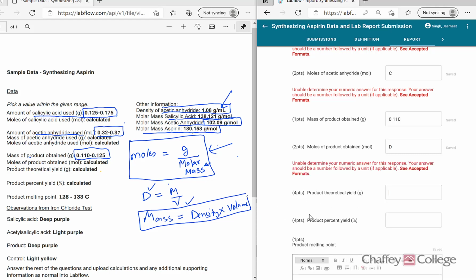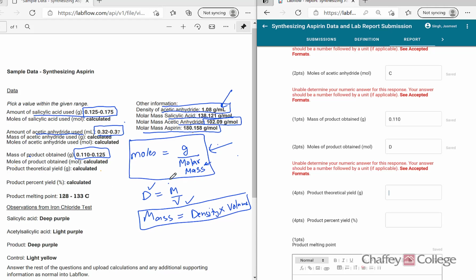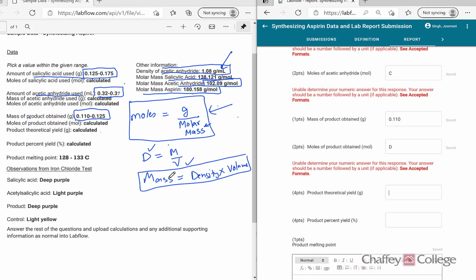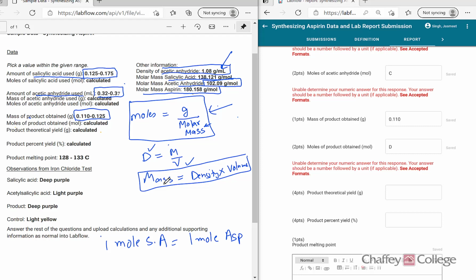So next is product theoretical yield. Now theoretical yield is calculated by stoichiometric calculations, and in the procedure we saw the balanced equation, and in the balanced equation you can see that one mole of salicylic acid gives 1 mole aspirin. So the equation is completely balanced, so it's a 1:1 equation.